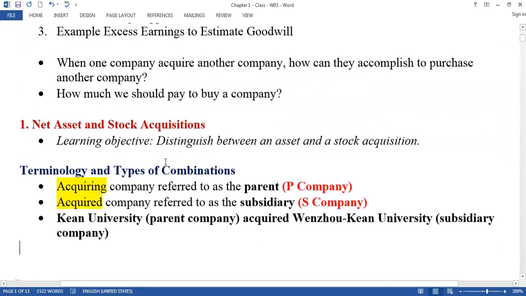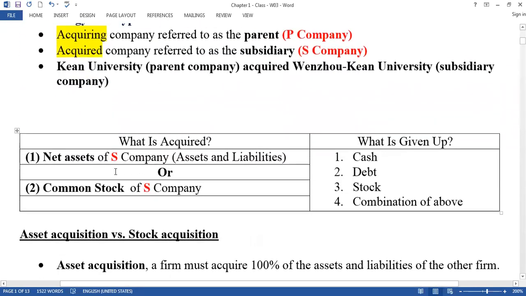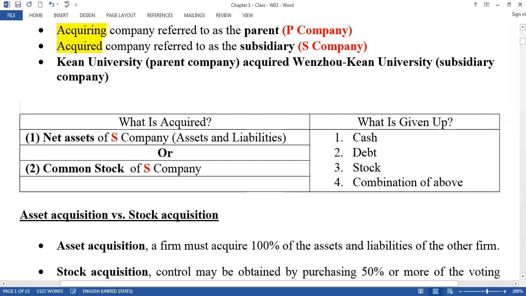So when you buy another company, or when you acquire another company, what is the meaning of this acquired? It means that we can buy or acquire the net asset of a subsidiary company. This is one way to acquire. How can Kane University acquire Onjo Kane University? By buying all net assets of Onjo Kane University.